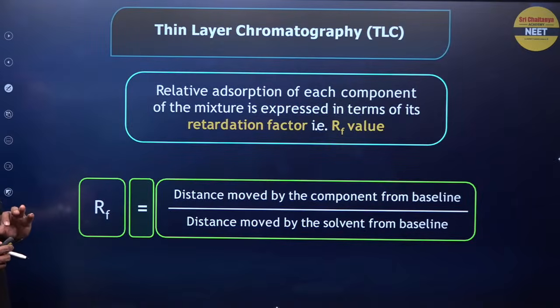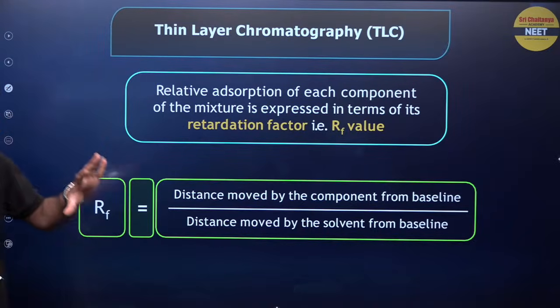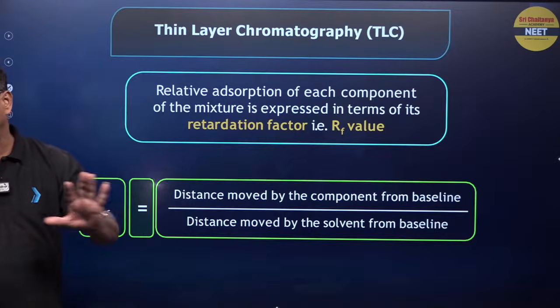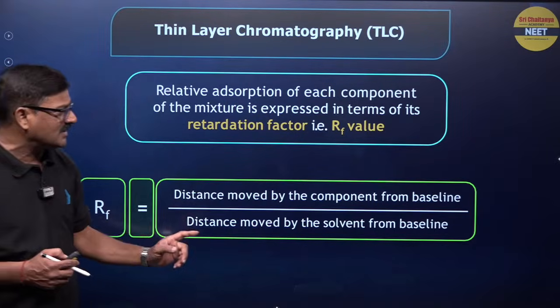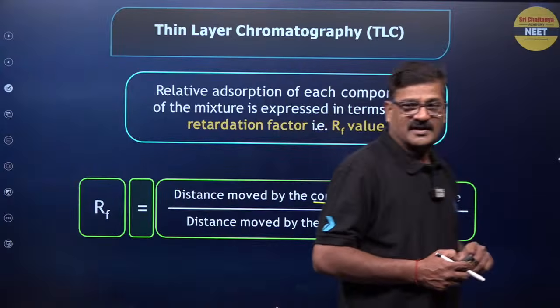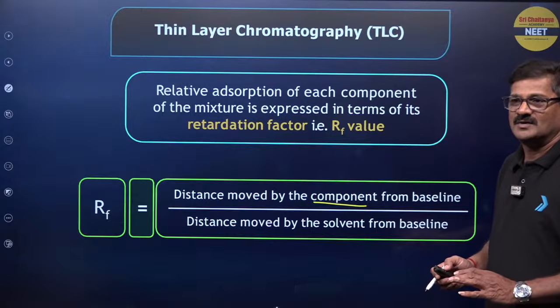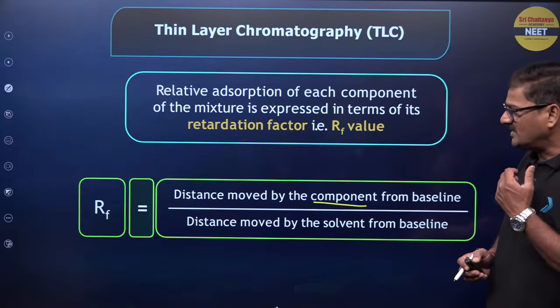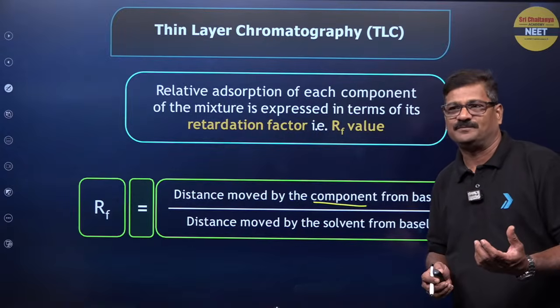A very important point in thin layer chromatography is the Rf factor, or retardation factor. It is the ratio of the distance moved by the component from the baseline to the distance moved by the solvent. Based on these Rf values, the components are separated.